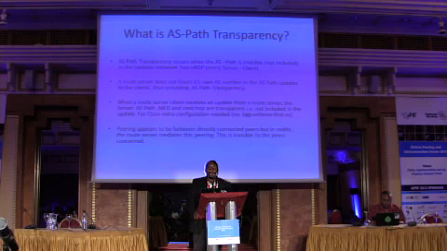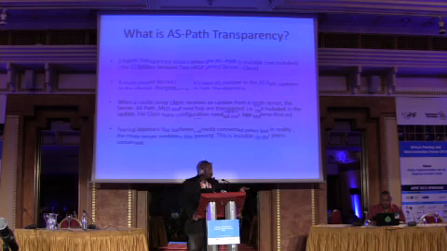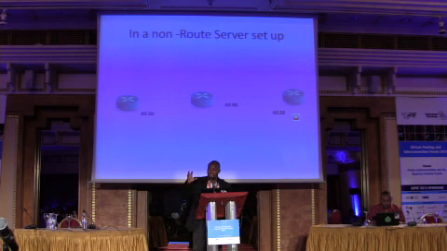In a non-route server setup, we have this scenario where you have ASN 10, ASN 50, ASN 20. Our route server here is ASN 50. What happens? You can see the path the packet takes as it leaves ASN 10 and goes through the server. But in this scenario, the route server is not transparent.